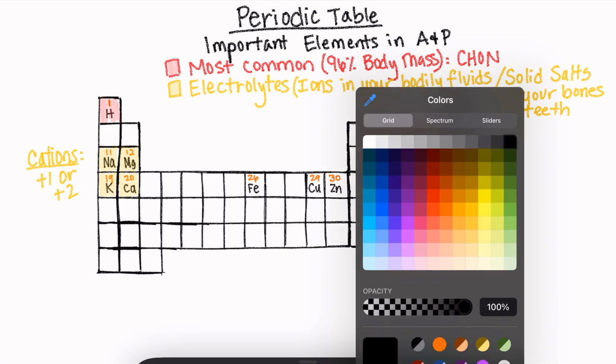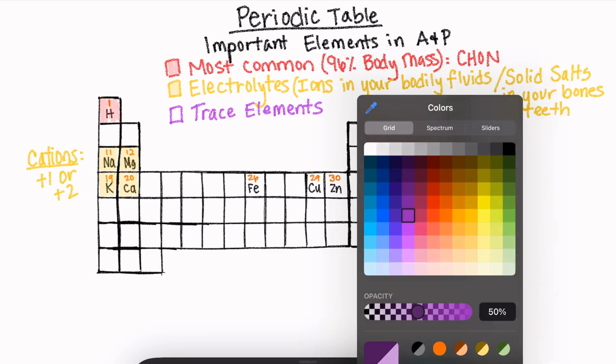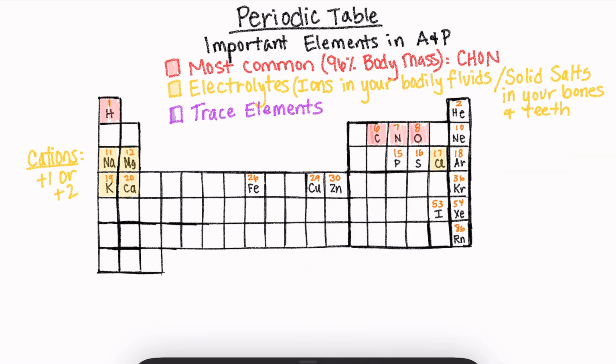Then the last one I want to tell you about are the trace elements. And these are elements that really are very rare as far as how much of your body is made up of them, but they are very important, of course, in their jobs, and you need to have that small amount of them.